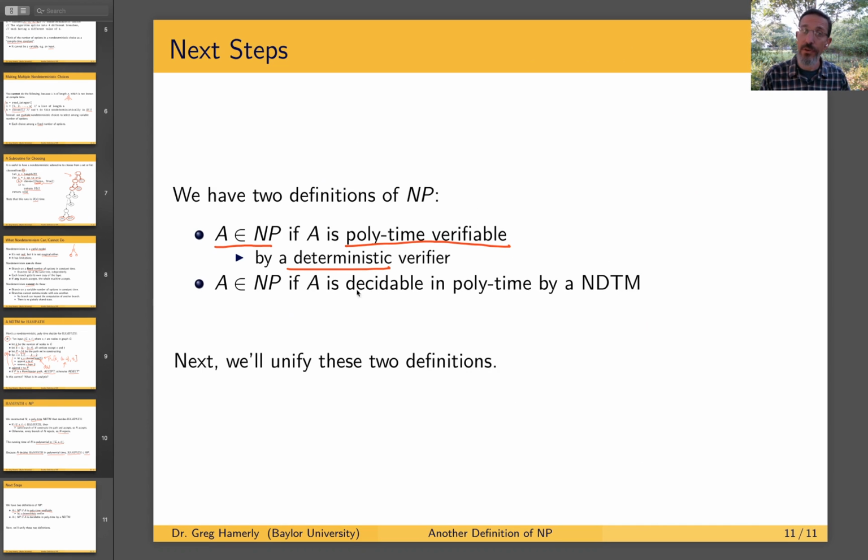And then from this lecture, we saw that A is in NP if A is decidable in polynomial time by a non-deterministic Turing machine. So we have polynomial time deterministic verifiability, and we have polynomial time non-deterministic decidability. These two are different definitions, and it's not entirely clear that they define the same class of languages. So in the following lecture, we'll unify these two definitions and show that they are equivalent.